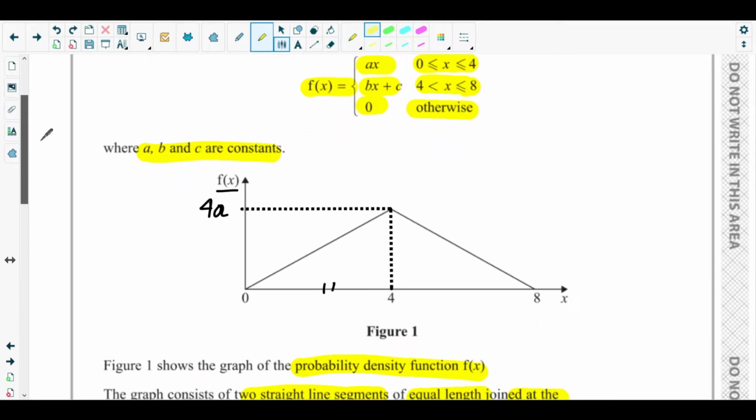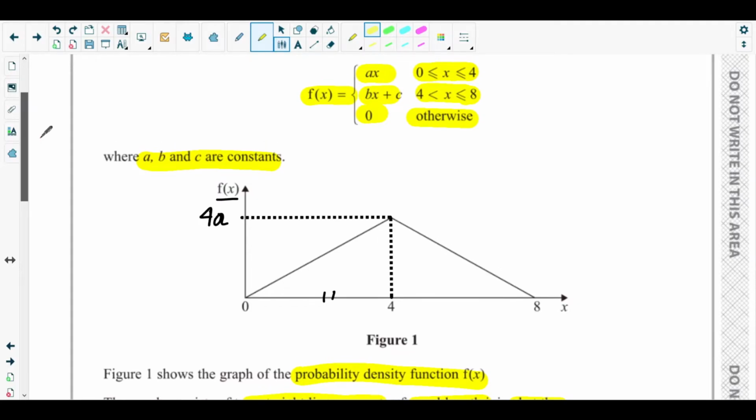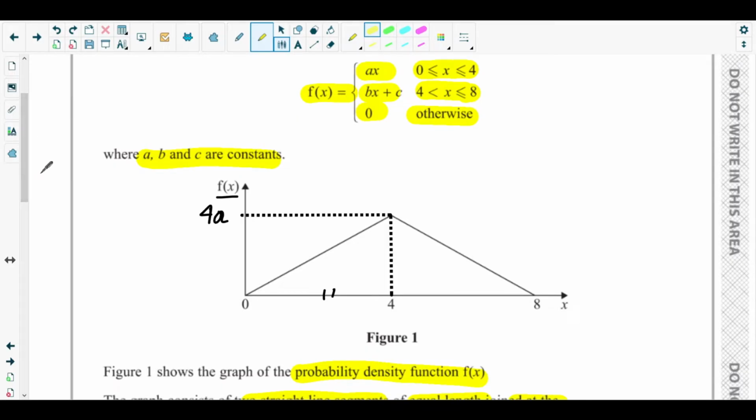For that, we know that the area under the PDF gives the probability, the cumulative probability. bx plus c is the PDF for x greater than 4, less than or equal to 8, right?